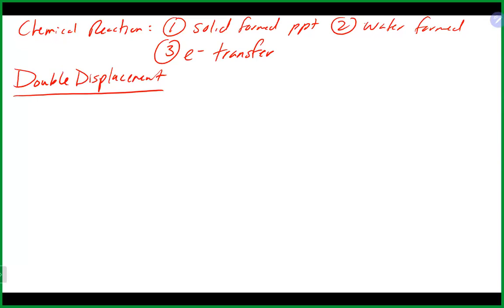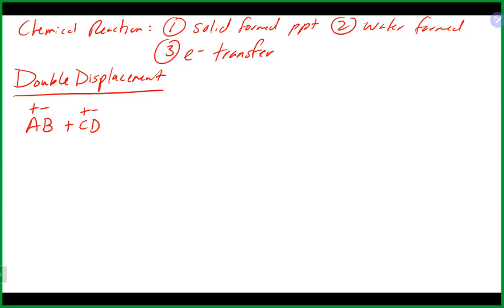And in a double displacement reaction, the way that you could recognize it is you will always have 2 ionic compounds. And because they're ionic compounds, you have a positive and negative guy. Pretty much a safe bet that if you look at the reactant side of the arrow and you got 2 ionic compounds, you have a double displacement reaction happening. 100% of the time in a double displacement reaction, the 2 positive ions switch partners.